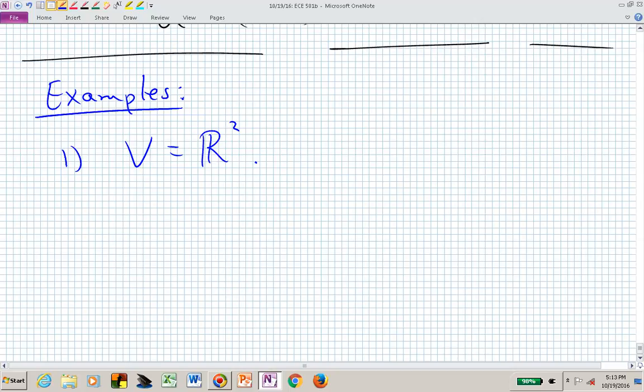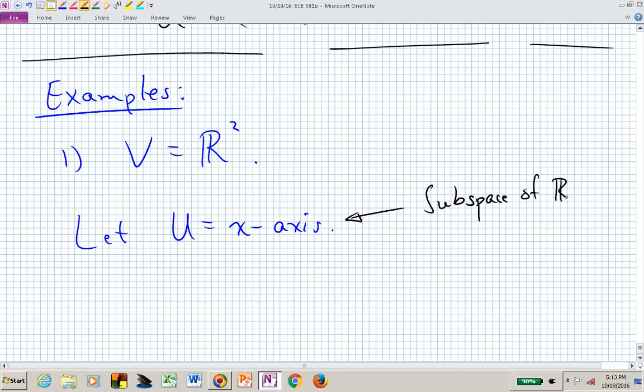And let's take a subspace. Suppose we now let U be the x-axis. And I think it's clear that that's a subspace of R2. It contains the zero vector, and we can do linear combinations on the x-axis and stay on the x-axis. What is U perp? What's the orthogonal complement of the x-axis? The y-axis.